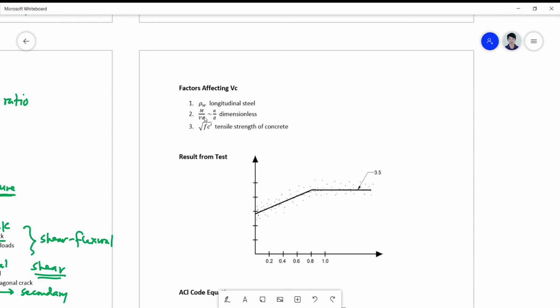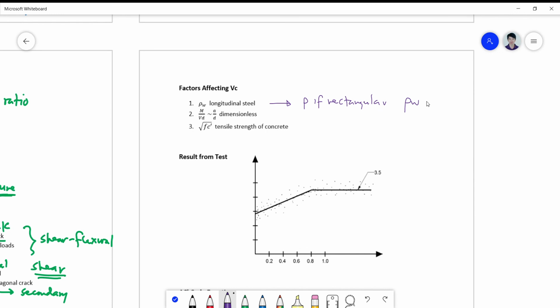So your M over Vd, which is actually your a over d, again, what's this? This is, of course, simply your rho if rectangular and rho w if it's a T-beam. Okay, if it's a T or an I beam, it's a rho w.